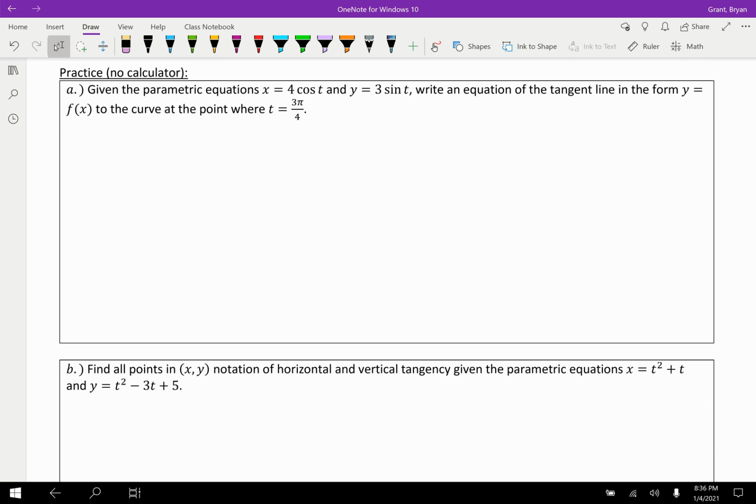Given the parametric equations x equals stuff and y equals other stuff, write an equation of the tangent line in the form of y equals f of x to the curve at the point when t equals 3 pi over 4. Now here's the key thing. They're telling us that they want our tangent line to only have y's and x's in it.